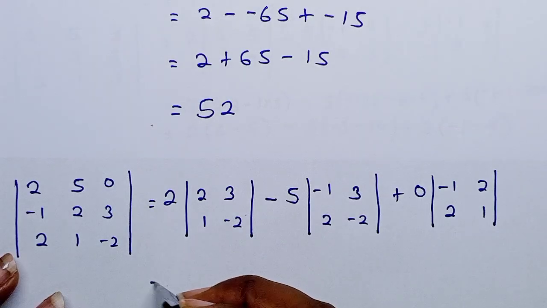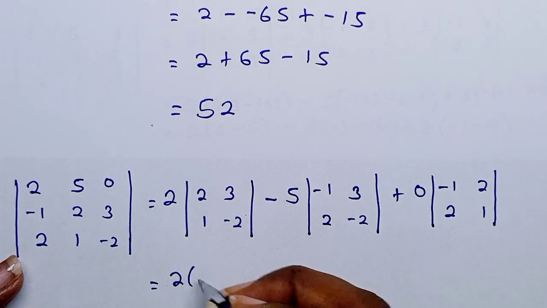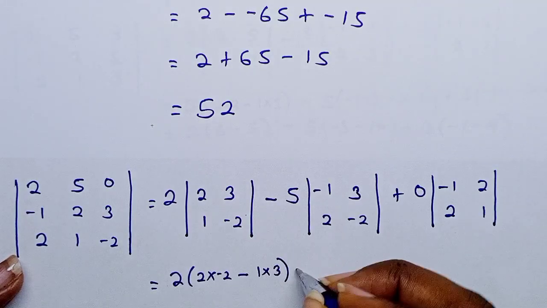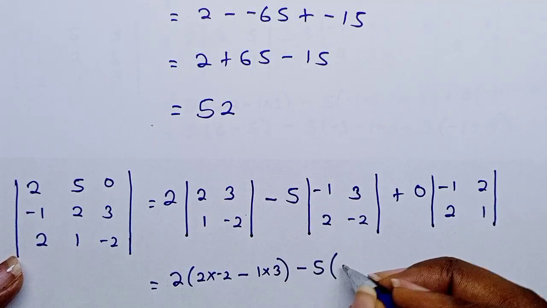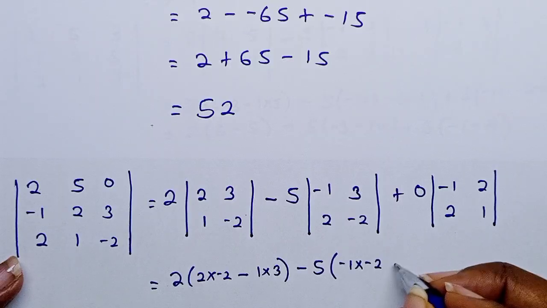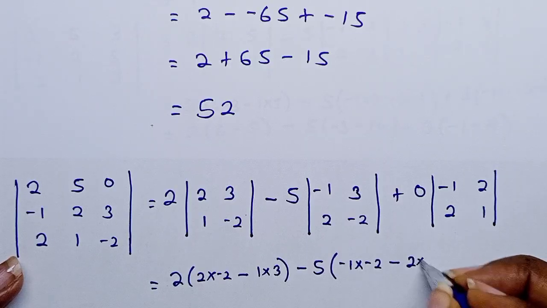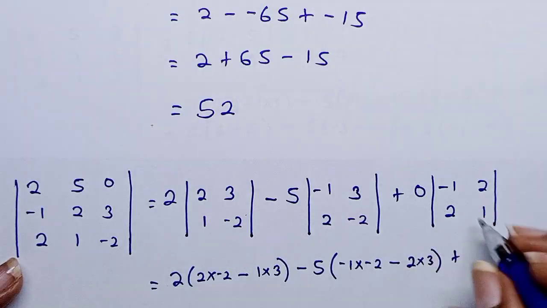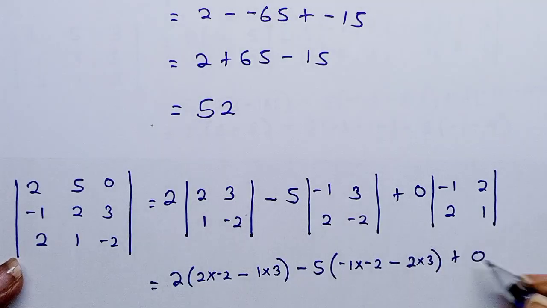So this would be 2 into (2 times negative 2 minus 1 times 3) minus 5 into (negative 1 times negative 2 minus 2 times 3), then plus 0, since it will multiply to 0.